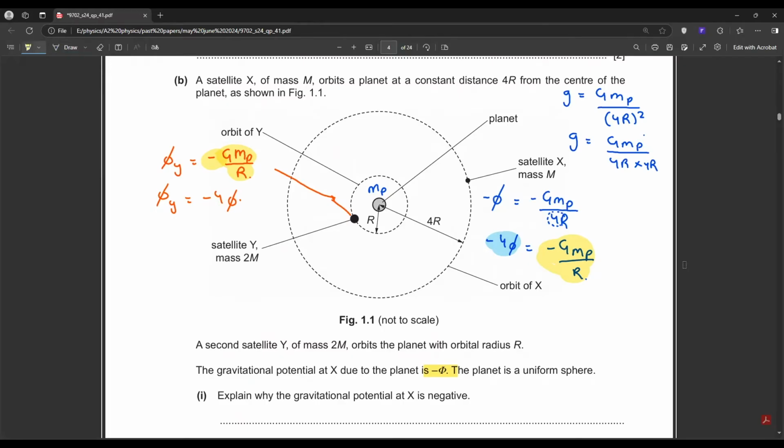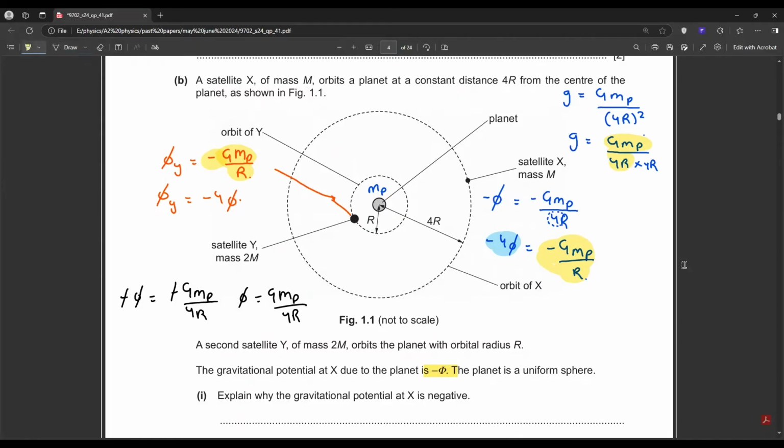Now, if you realize one thing, what is this capital G, mass of the planet, divided by r? If we know, negative of phi is equal to negative capital G, mass of the planet, divided by the distance 4r, cut, phi will be equal to capital G, mass of the planet, divided by 4r.